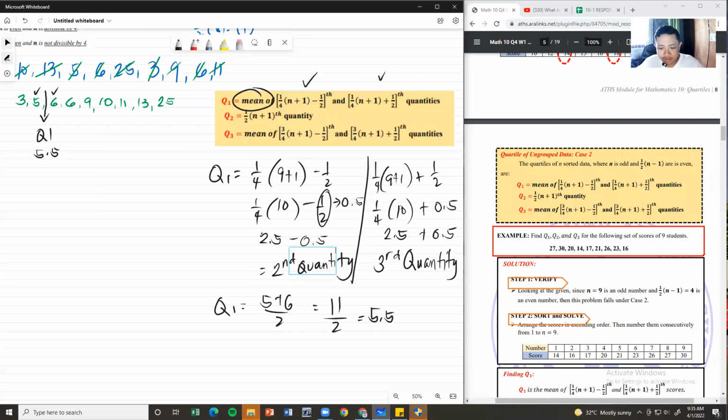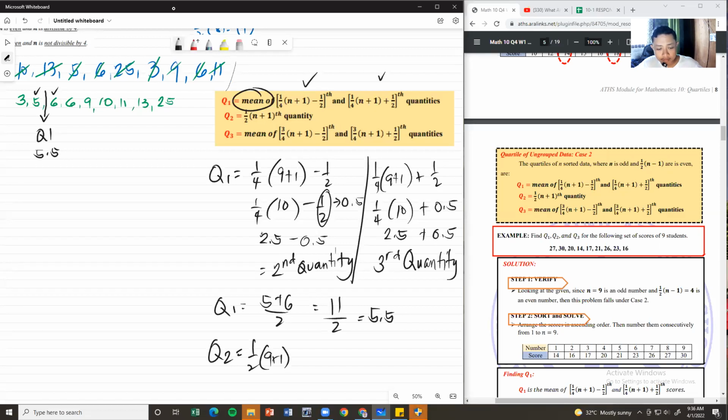Show me a reaction if you understood that process. Very good. Next, quartile 2 is just simple. We just need to get half of n plus 1. So our quartile 2 will be equal to 1/2 times 9 plus 1.